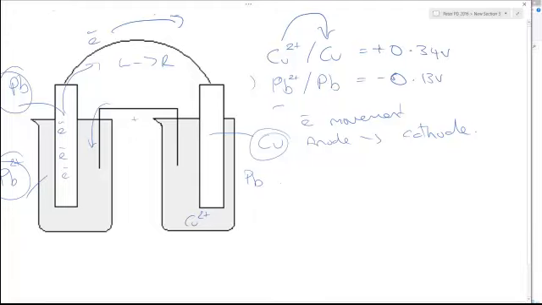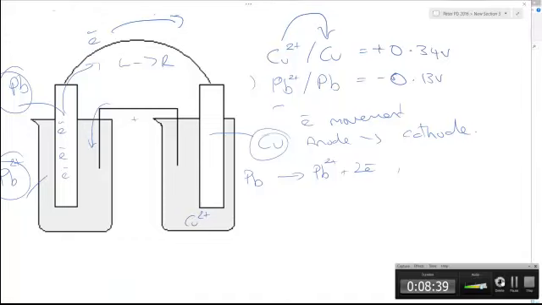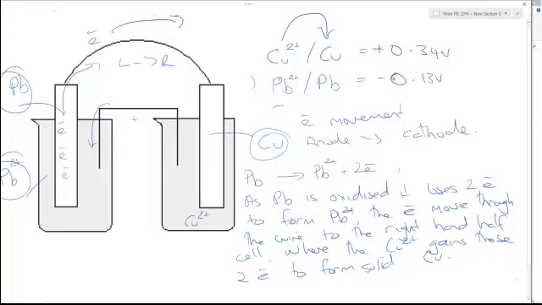As Pb reacts, it becomes Pb2+, it gets oxidized, it loses 2 electrons which move through the external wire, where they go to the cathode. And the copper 2+ ions gain those electrons, and so get reduced to form solid copper. Okay, so I've just really described what's happening in terms of the electrons being lost and gained as they move from one side to the other in that process.